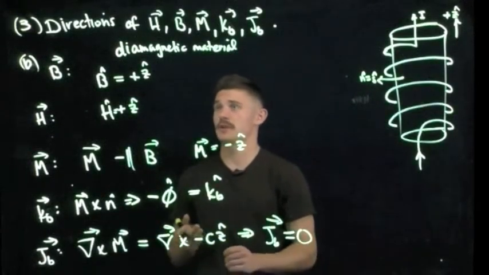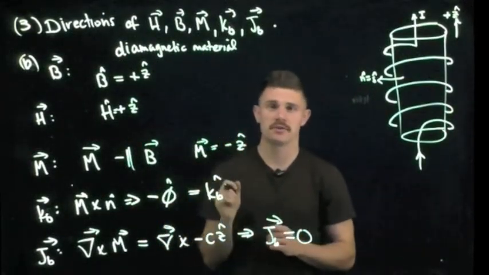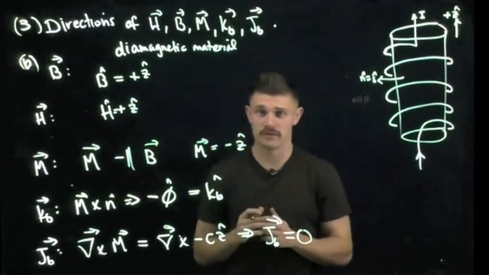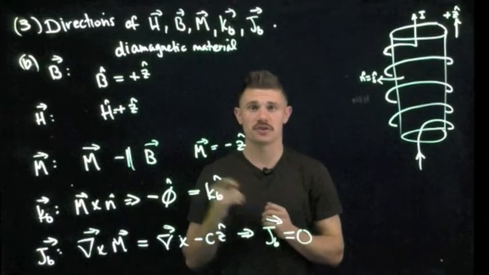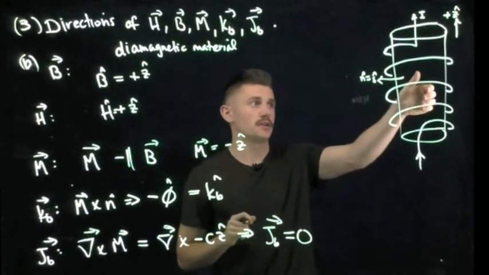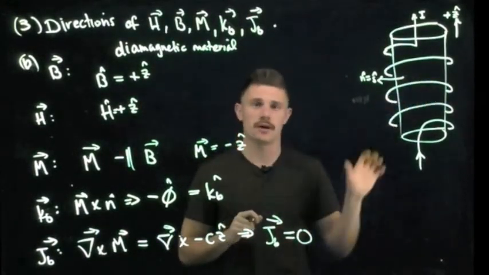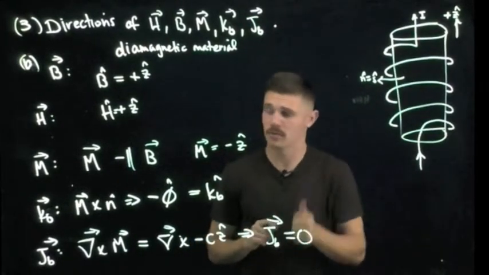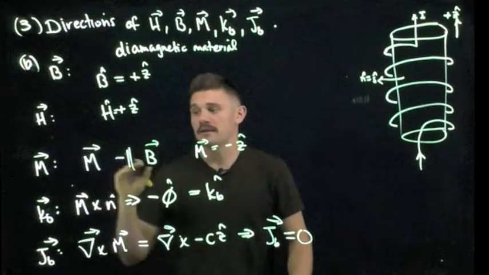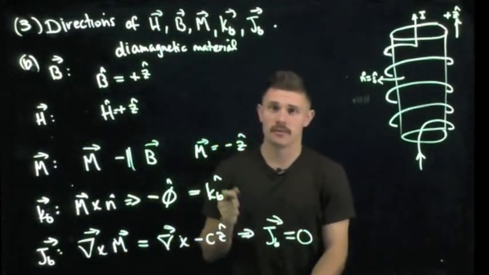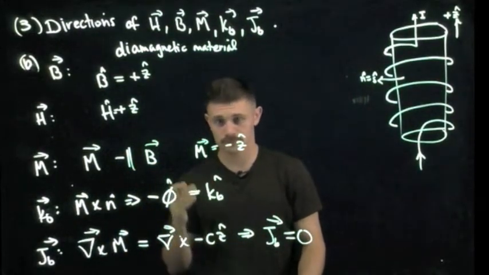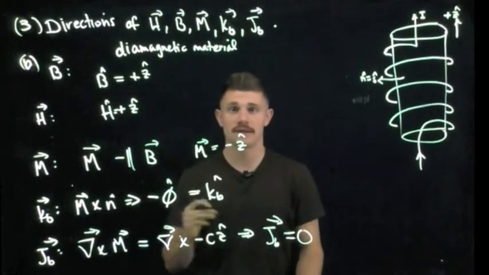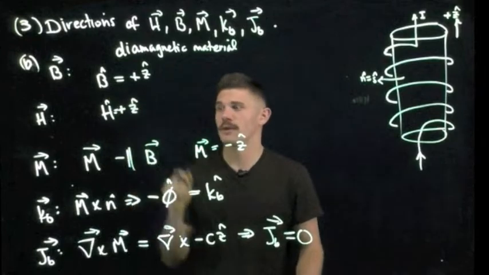So again, just to summarize quickly, part B, for a diamagnetic material, our two magnetic fields, the auxiliary and the normal B field, will also be in the z-hat direction, just as we found in part A, because they only depend on the free current, and we have our right-hand rule with the current flowing around the solenoid, magnetic field points up. In the case of the magnetization, for a diamagnetic material, the magnetization is opposite to that of the magnetic field B, so we have that our direction vector is negative z-hat, anti-parallel to our magnetic field.